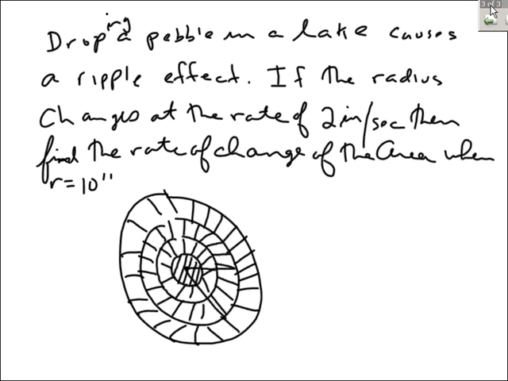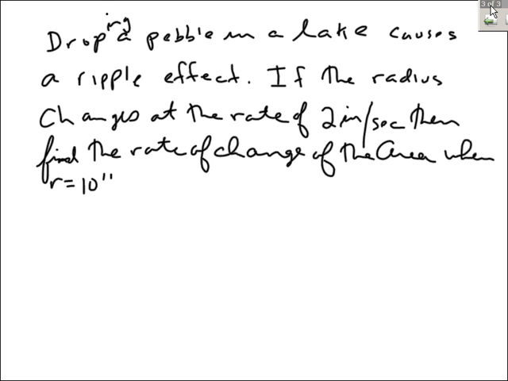And the question is, how fast is it changing exactly when the radius is 10 inches? So, the main thing you have to do is come up with an equation.